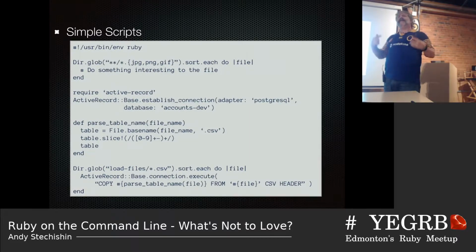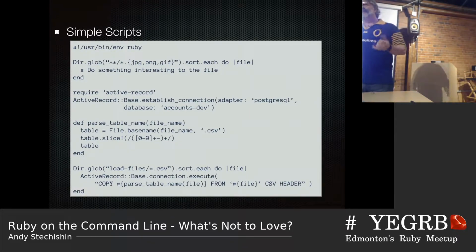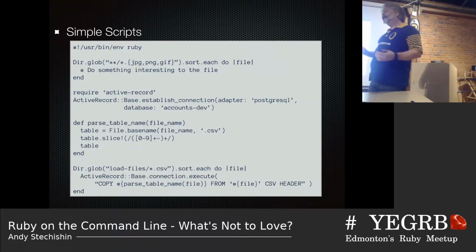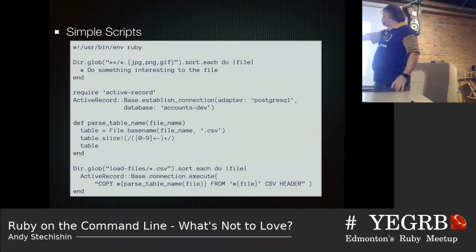So I take the file name, which will be something like 00-01, which is probably the first one, and then codes. And then it takes that, and then it goes through the Dir.glob, sorted, of course, because of the numbering, goes through each of them, and then executes the copy command.